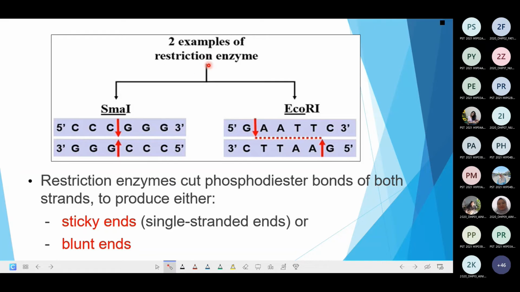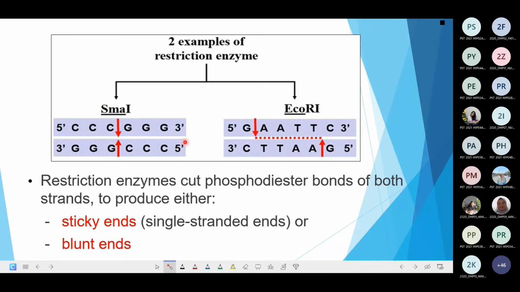There are many types of restriction enzymes. What we need to know about these two examples, and between these two, this one is the most important one, the EcoR1. The way we pronounce it will be the EcoR1. Meanwhile, this other restriction enzyme is known as the SMA1.